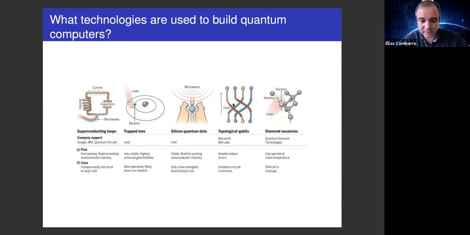But the problem is that it's quite difficult to make them interact. They are more protected against the noise from the environment because photons interact very rarely with matter compared to other technologies. But the problem is that you need to make them interact in order to create entanglement, for instance. So this is a problem. So each technology has some advantages and some problems. Hopefully, one of them will be able to overcome the difficulties and give us the possibility of creating scalable, fault-tolerant quantum computers.